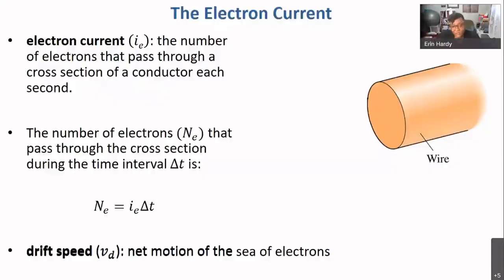Because if we know the magnitude of the current and how much charge each individual charge carrier contributes, then the product of the current and the time we waited should give us the number of particles that actually pass through that point.